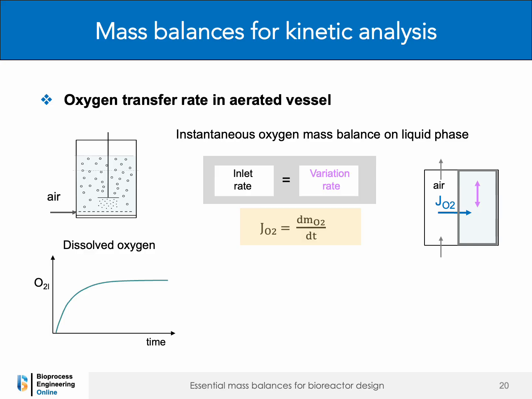The oxygen balance on the liquid phase is written as J_O2 equals dM_O2 over dt, or in volumetric form, J_O2''' equals dO2_L over dt, where O2_L is the dissolved oxygen concentration in the liquid phase. Thus, at any instant, the volumetric oxygen transfer rate J_O2''' is obtained directly from the time derivative of the dissolved oxygen concentration.